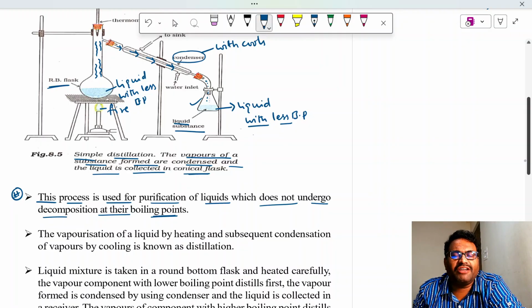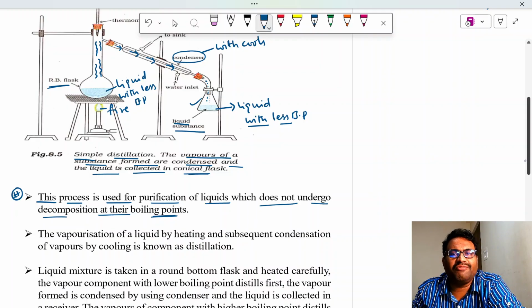So what type of liquids can be purified by the process of simple distillation? We can purify the liquids which do not decompose. There are some liquids which decompose into another substance at their boiling points.